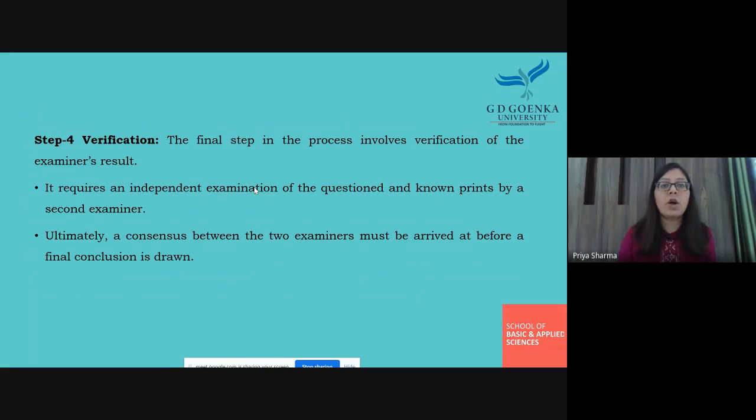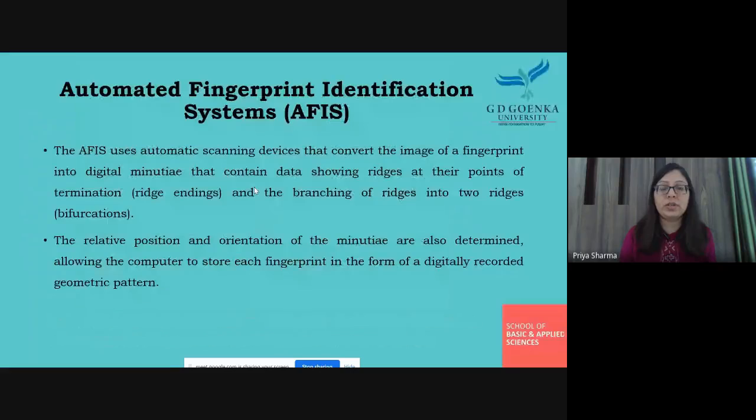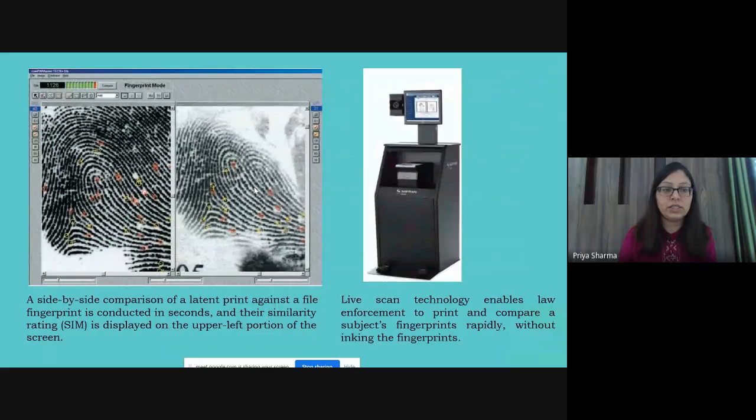Nowadays we have the Automated Fingerprint Identification System, AFIS, which digitally captures the image, and then with the help of software compares the ridge characteristics, their respective position and orientation. This is showing the side-by-side comparison of a latent print.